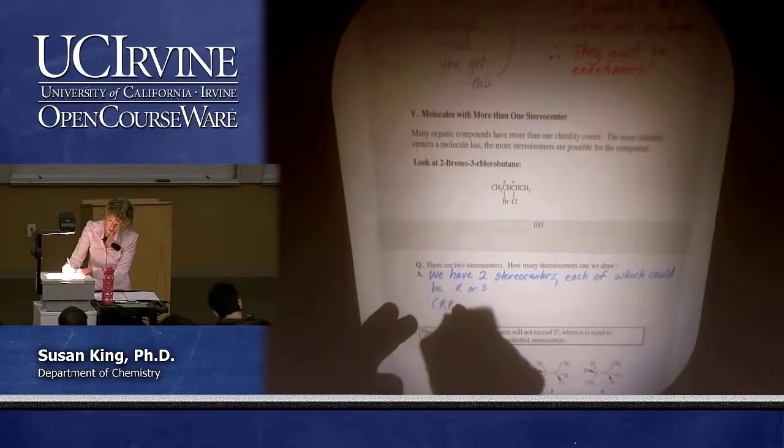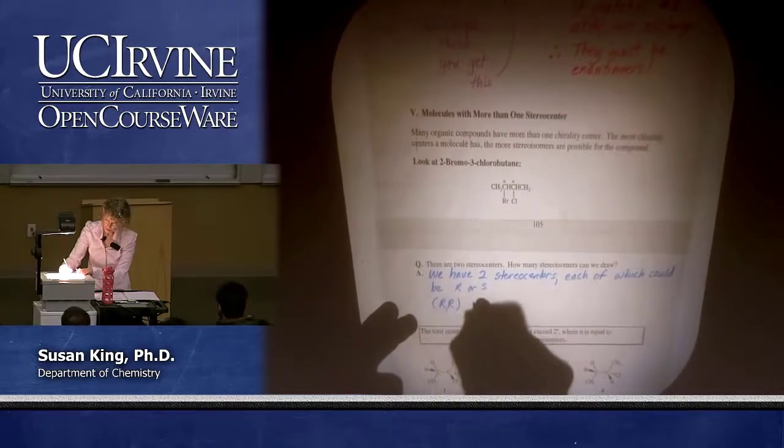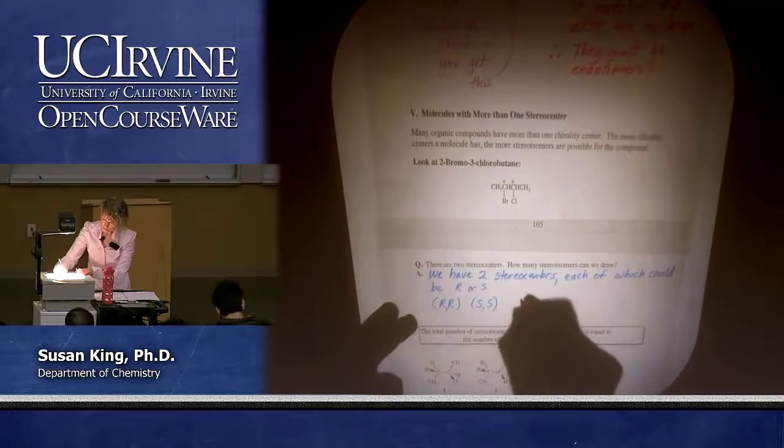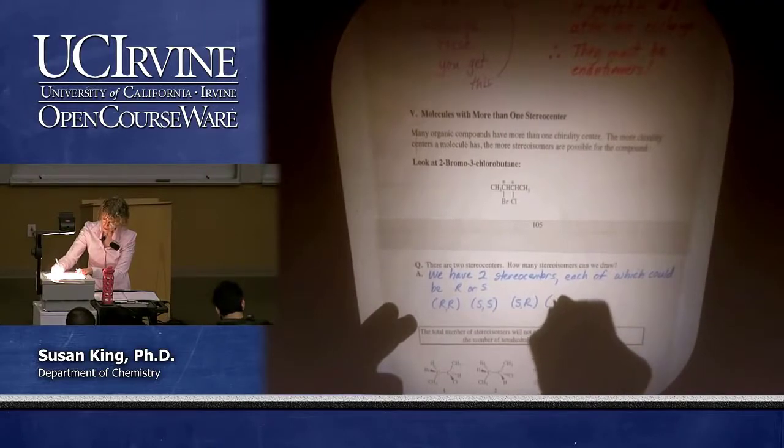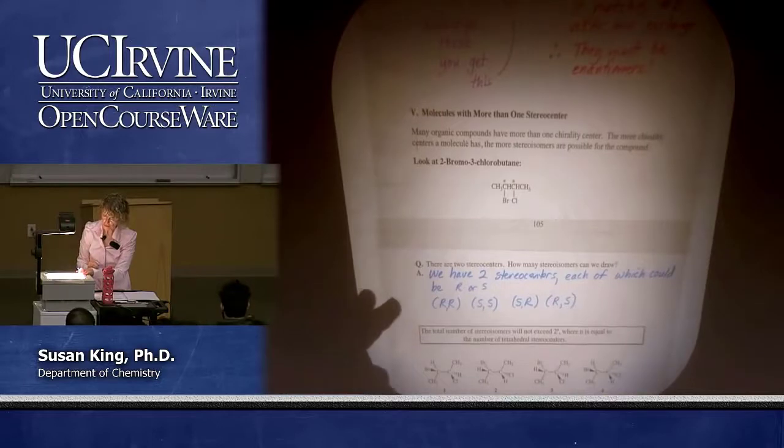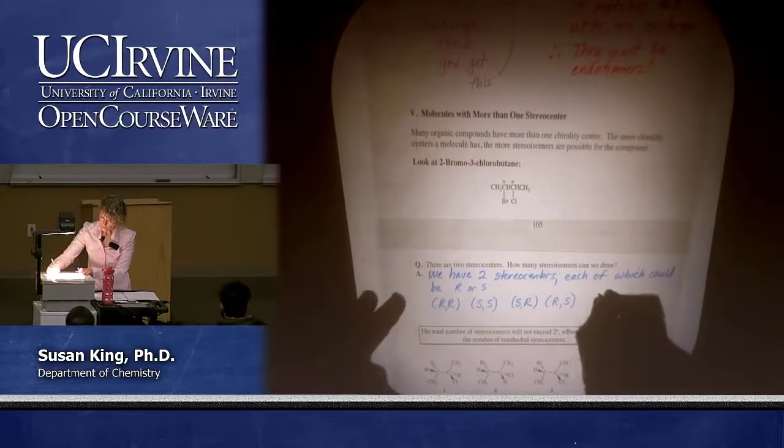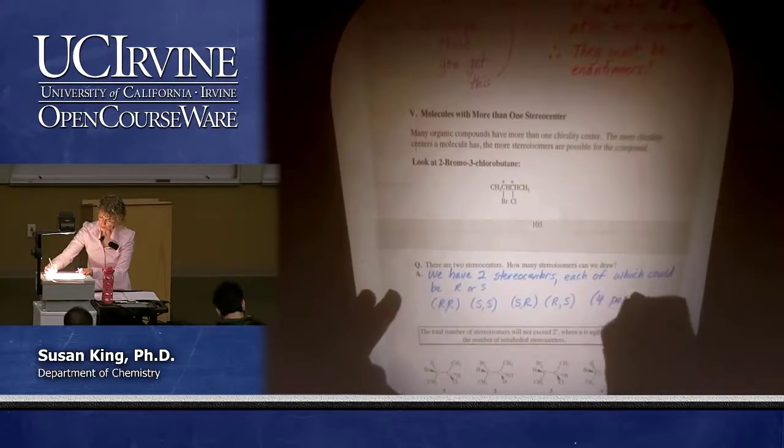We could have both be R, RR. We could have both be SS. We could have one be S and one be R, the one on the left S, the one on the right R. Or the one on the left R and the one on the right S. So that's 4 altogether.